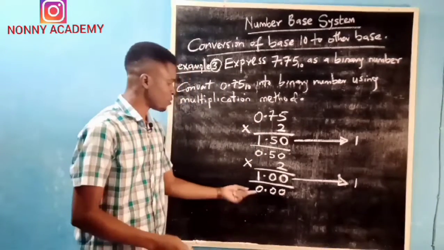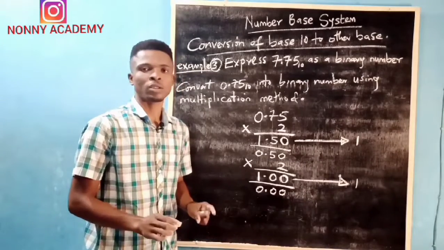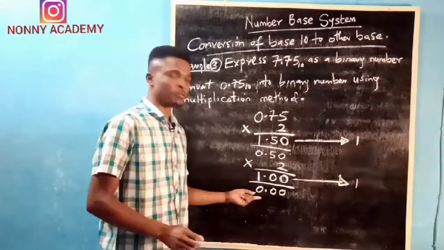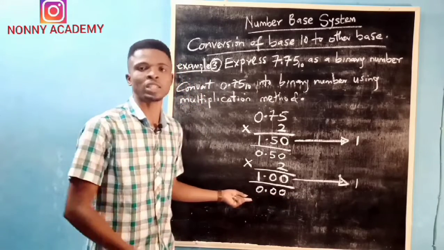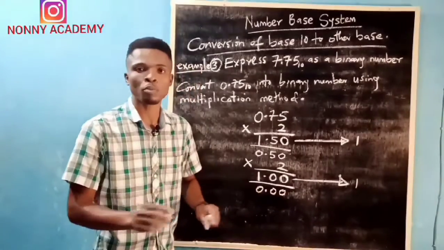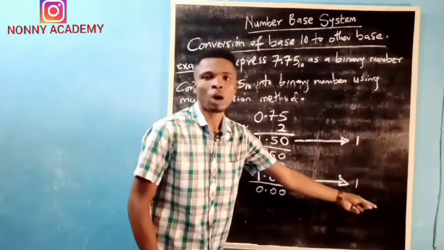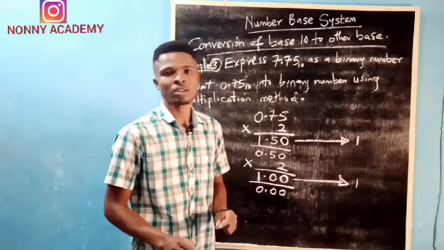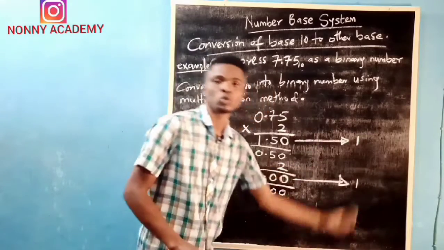So once I have 0.00, then I will stop multiplying. But if I still have some kind of numbers here, I will continue multiplying by 2. But since I have 0.00, then I will stop multiplying. These numbers I brought out here, I will take as my answer. For the division aspect, I took the remainder from the bottom to the top.